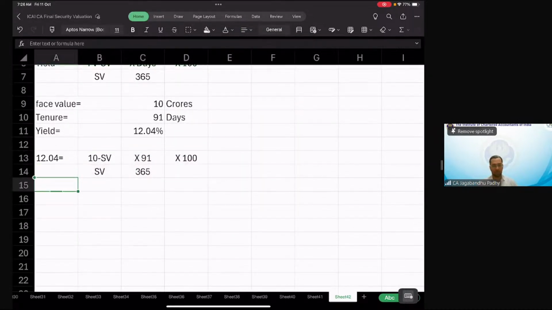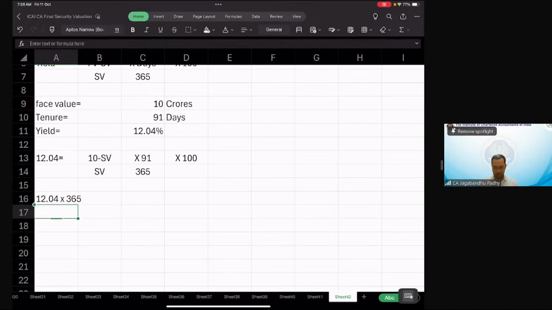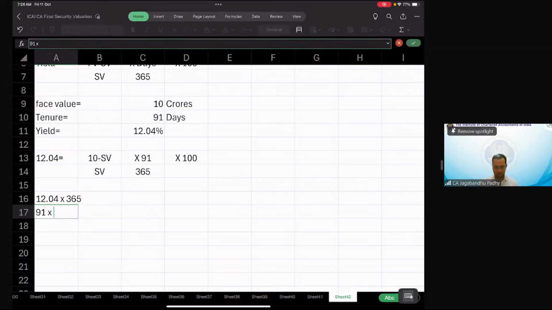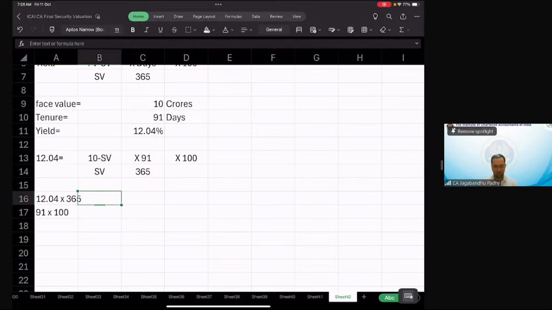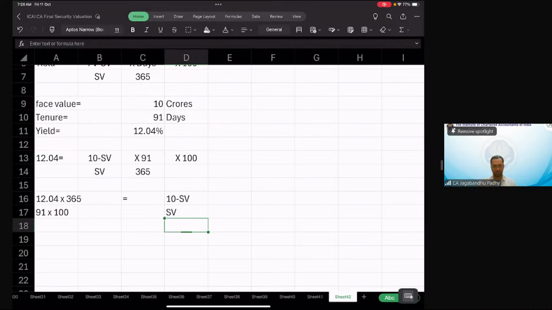Now we want to get this sale value. Doing the same calculation, 12.04 multiplied by 365, and then divided by 91 and 100, should be equal to 10 minus sale value upon sale value.